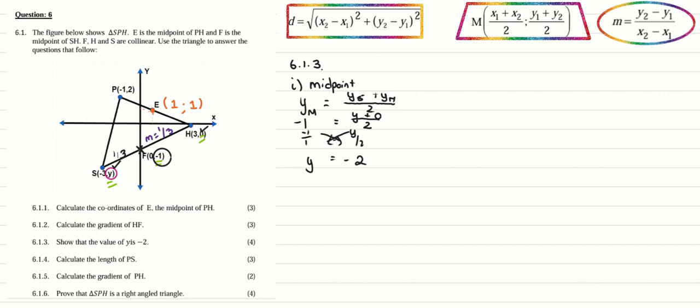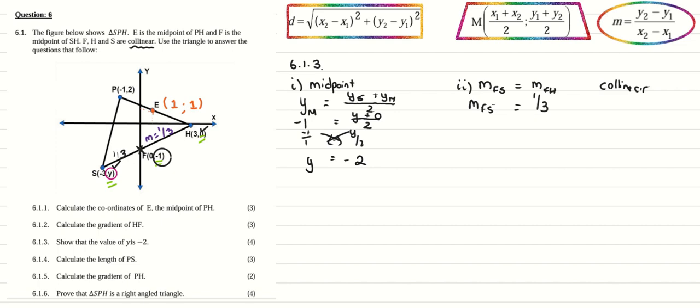The second option, not to restrict you, is using the gradient. So the gradient of FS is the same as the gradient of FH, and we know this because the points are collinear, as mentioned up here, right? And so therefore the gradient of FS needs to be 1 over 3, which we found earlier.